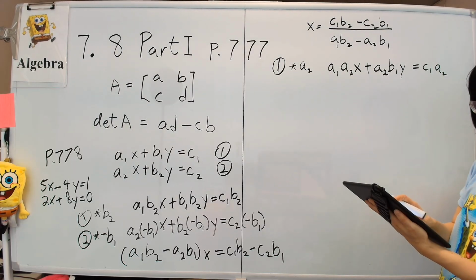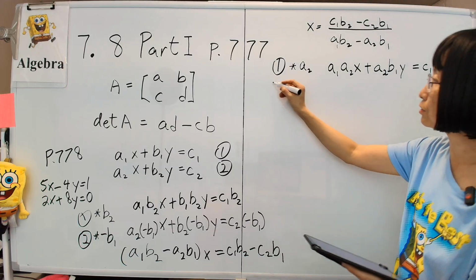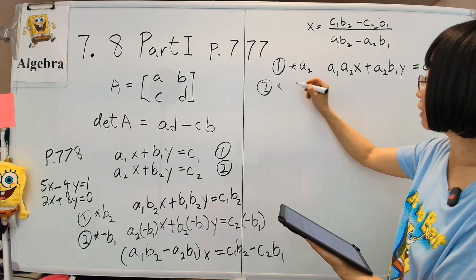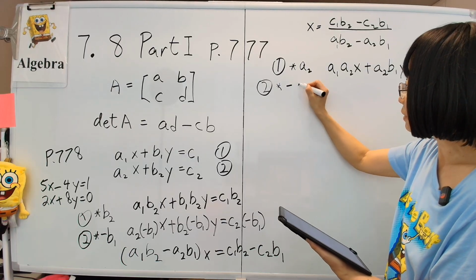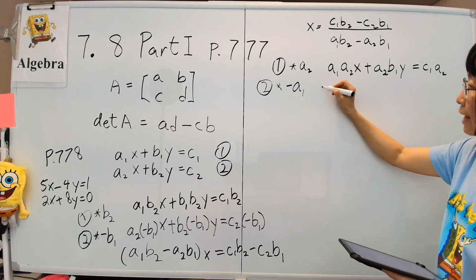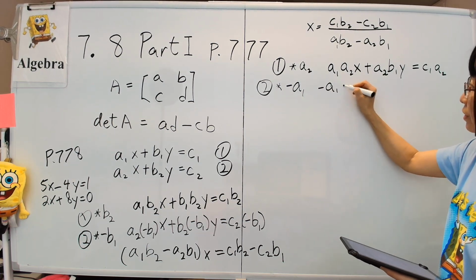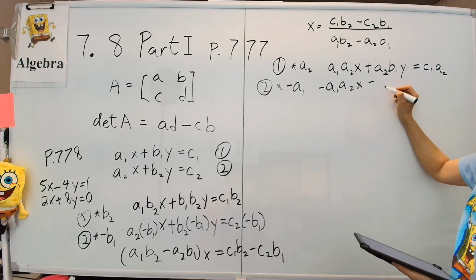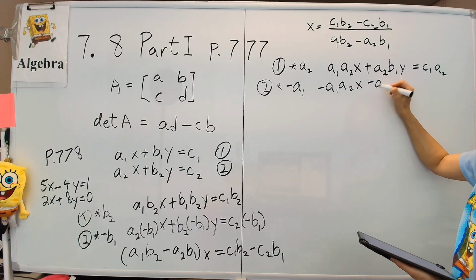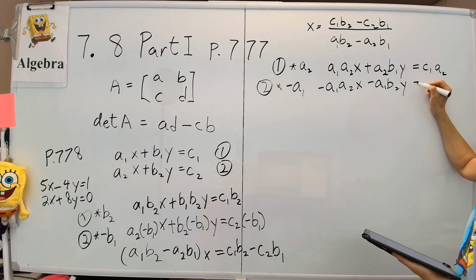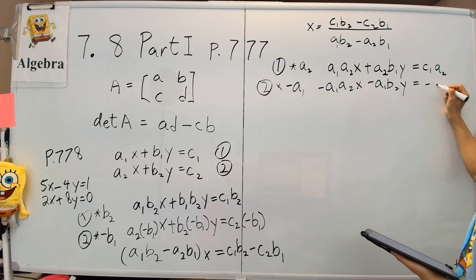And then equation 2, we need to multiply by minus A1. Let's do that. So minus A1 A2 x, and then minus A1 B2 y, and then equals minus A1 C2.